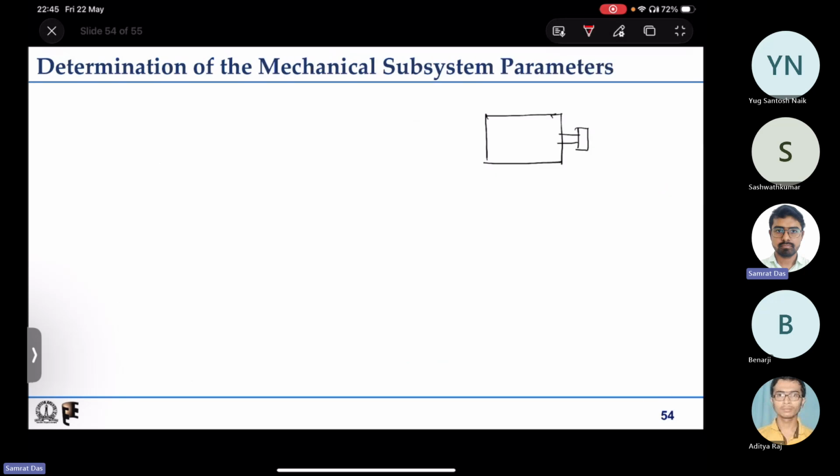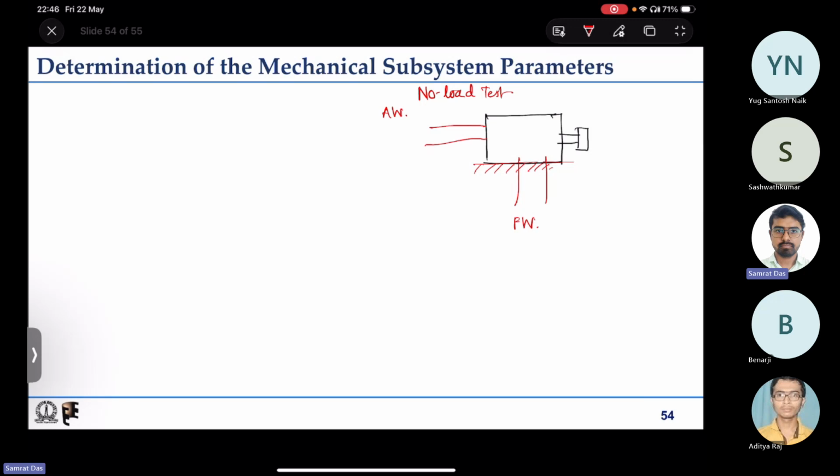But in this one, we will not connect any load. This is a no load test. No load test means there is no mechanical load or generator load connected to the DC motor. This motor is anyway connected to a fixed support, bolted like that, and you have the armature winding and the field winding, right?